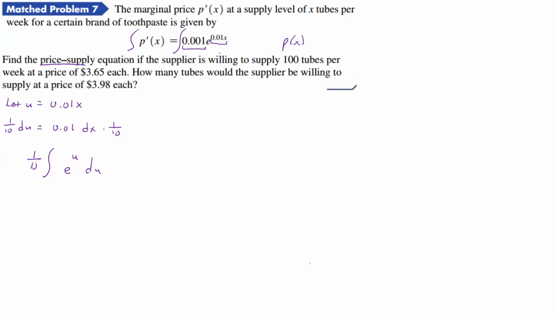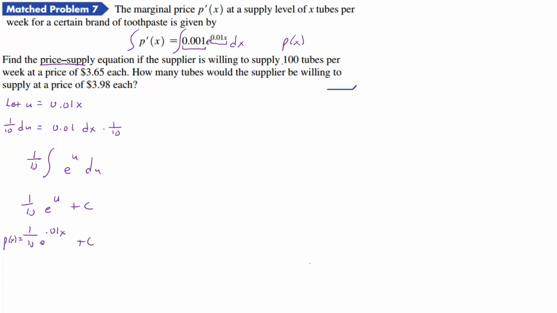Now I find that indefinite integral. That's going to be 1/10 e to the u plus C. Now I back substitute, so I get 1/10 e to the 0.01x plus C. That then is my P of x.